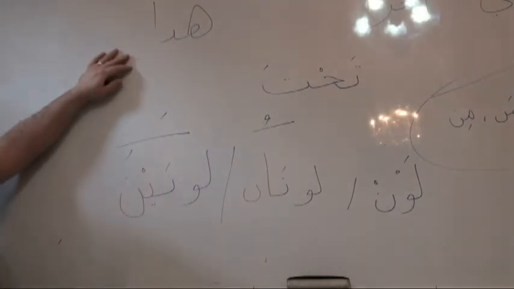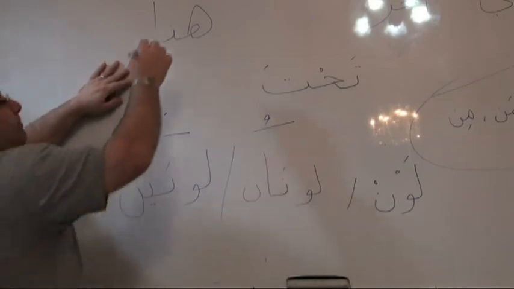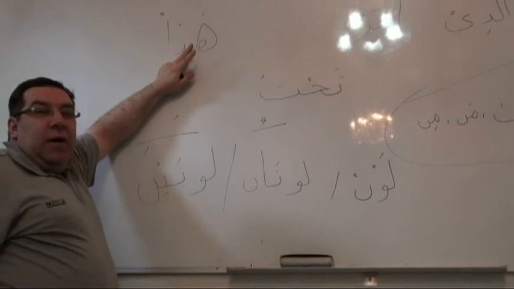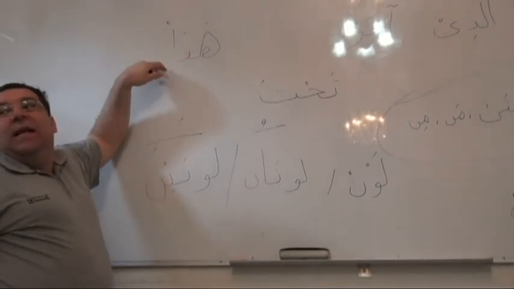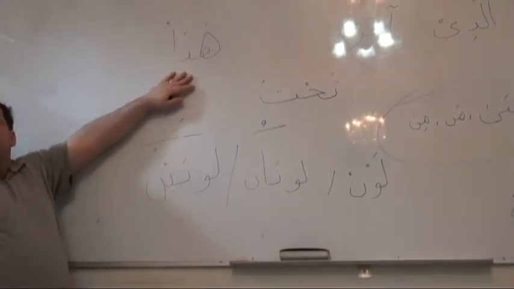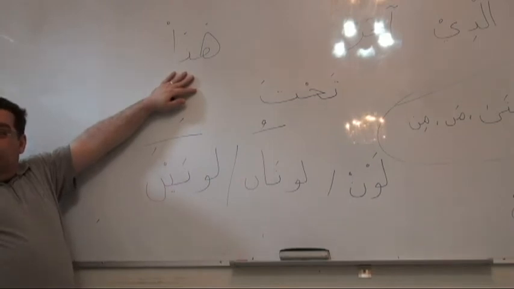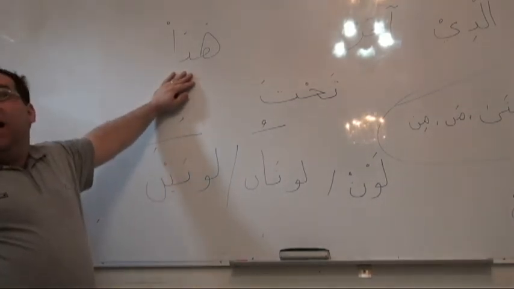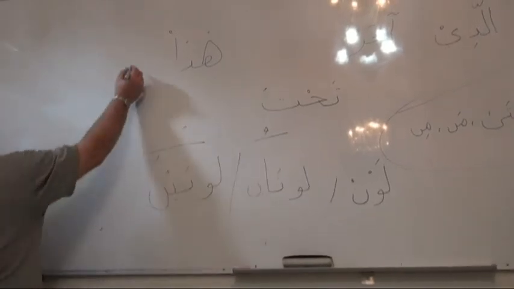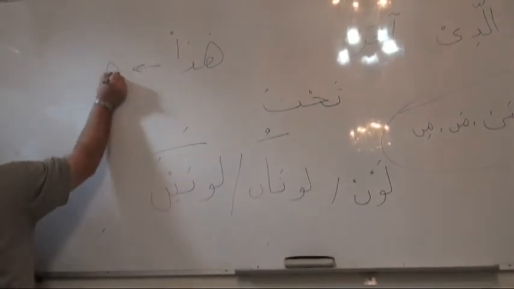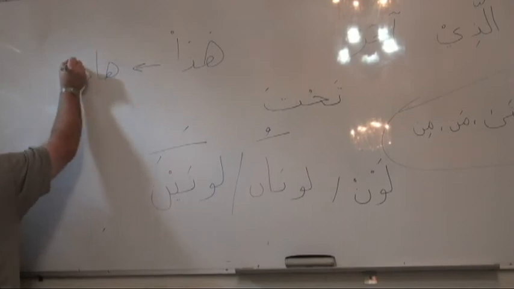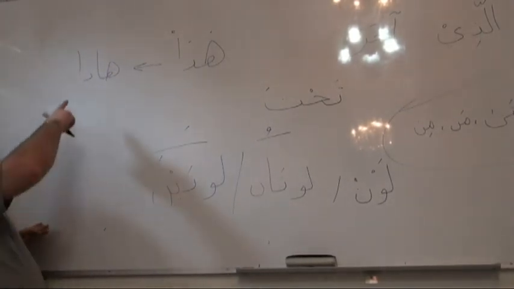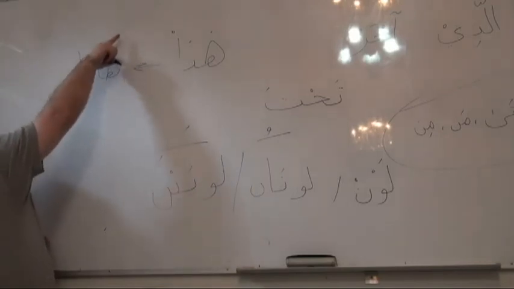Now, here there is something with هذا. See, this is ha with fatha, and this is that, and this is alif. Suppose it should be hada, right? But we don't say hada, we say hada. Suppose it should be written like this, but we don't write it like this.